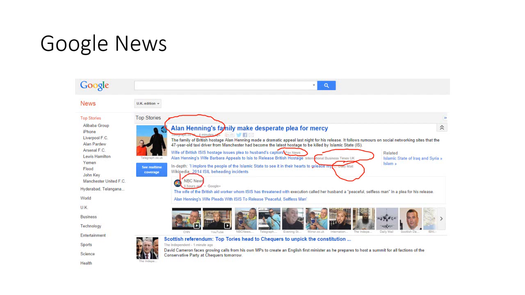NBC. So what the Google News algorithm, which is an unsupervised learning algorithm, does is that it scans through thousands of pages of news articles based on keywords, such as "Alan Henning's family make desperate plea." It scans through hundreds of thousands of web pages, finds the most important ones related to this news, clubs them together and shows them on its page.